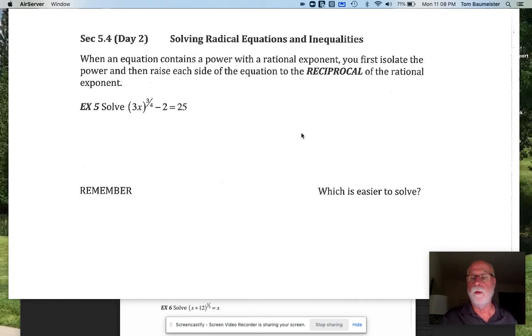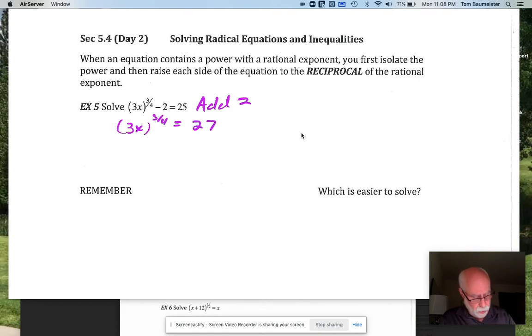So just like we did with radicals, we want to get the rational exponent by itself on one side. So first thing we're going to do is add 2. So if I do that, then I'll have (3x) raised to the 3/4 power is equal to 27.